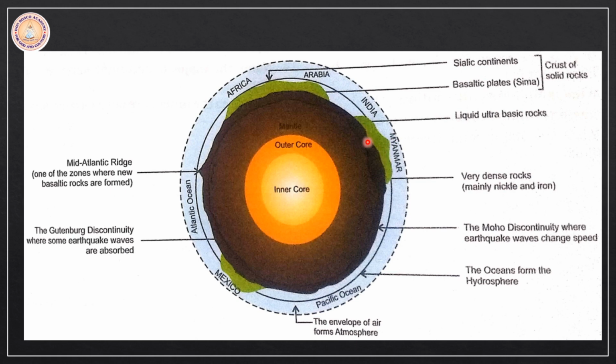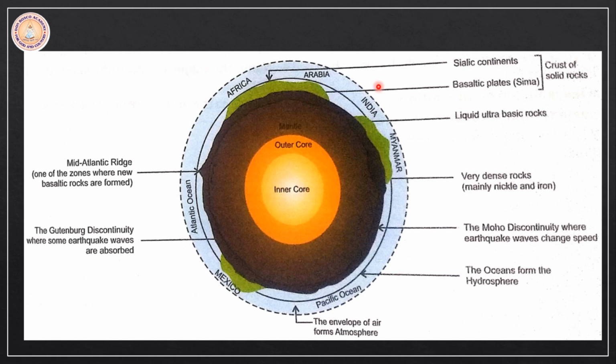This crust consists of two layers, the sial and the sima. The sial is made up of silica and aluminium, which makes up the continents, and it is 25 kilometers in thickness.